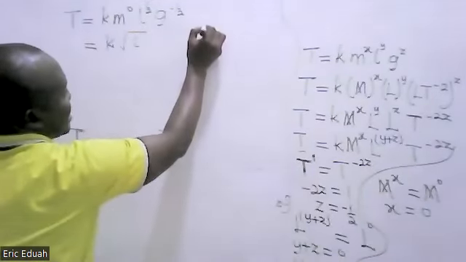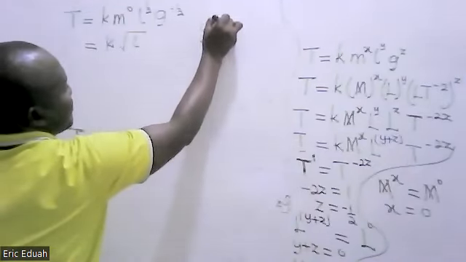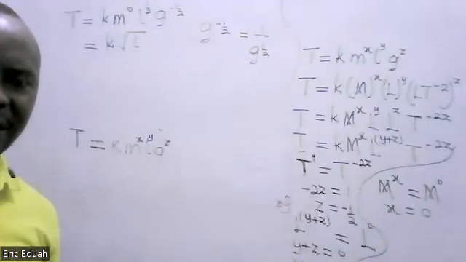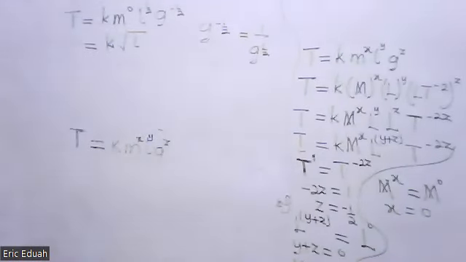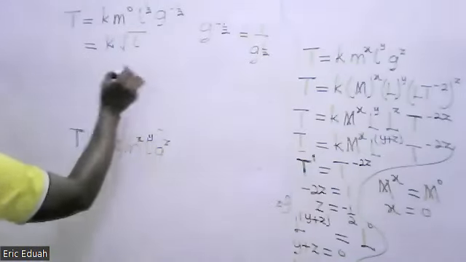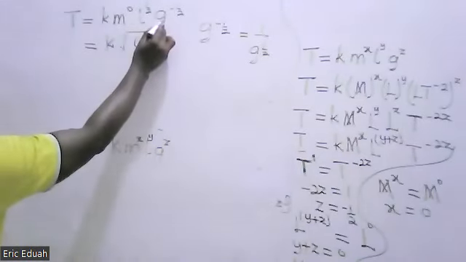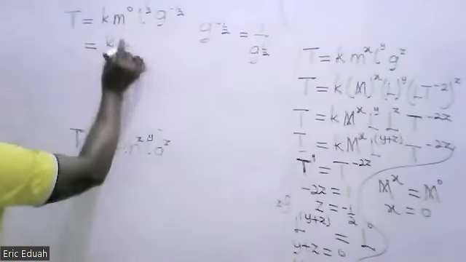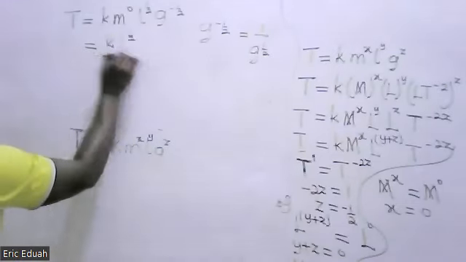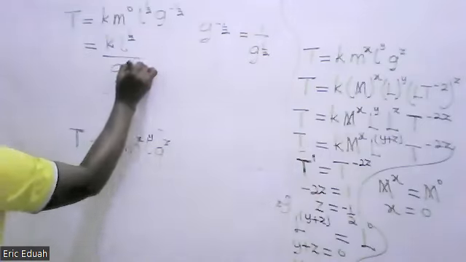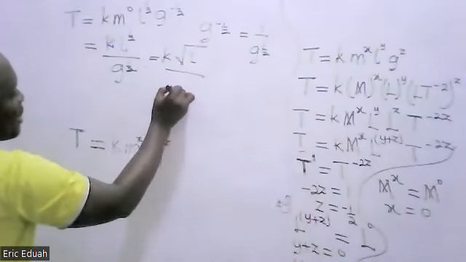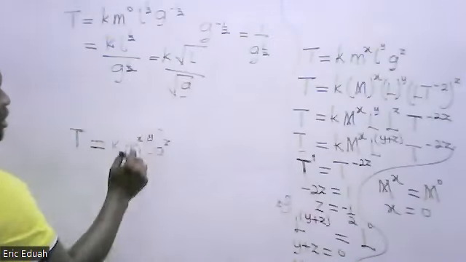Now in indices, if you have g to the power negative half, this is equal to 1 over g to the power half. I hope you understand that. Good. And so g to the power negative half can also be written as, so let me be systematic, L to the power half over g to the power half, which is the square root of L over the square root of g.